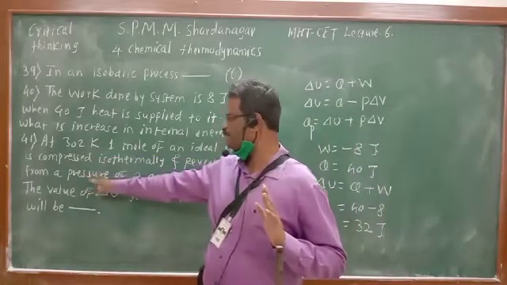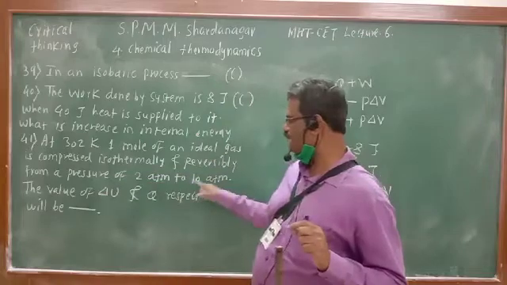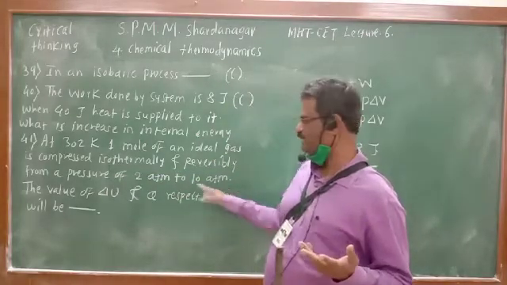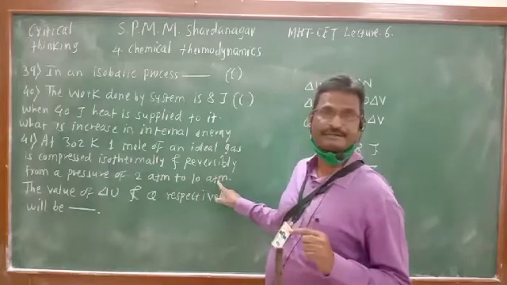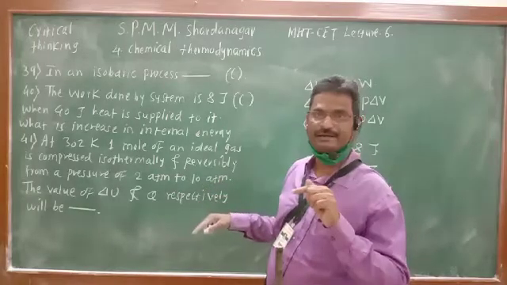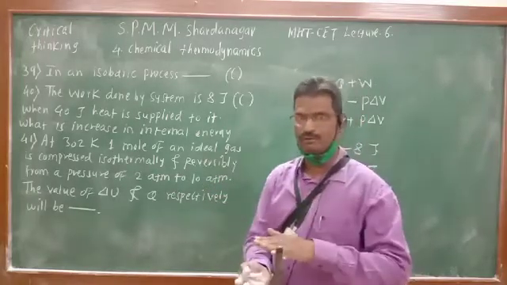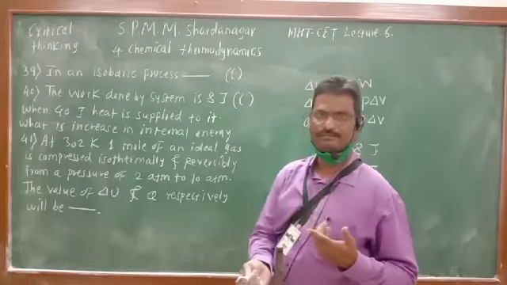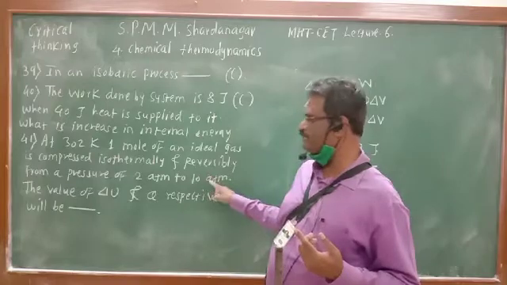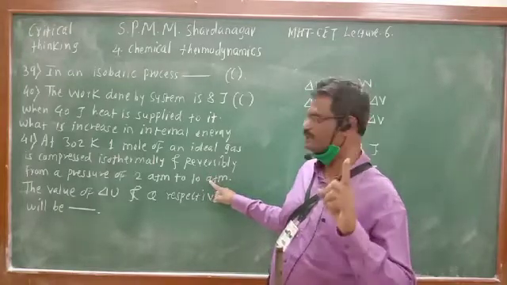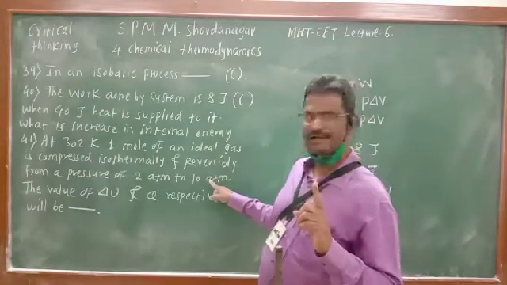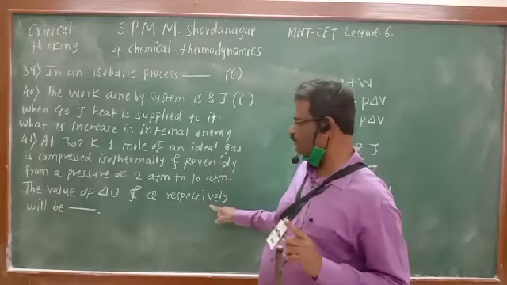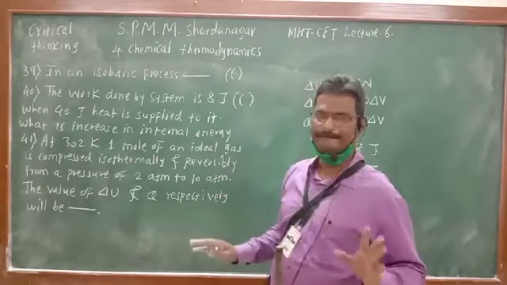Compression takes place from a pressure of 2 atmosphere to 10 atmosphere. Increase in pressure means decrease in volume, Boyle's law. That is the process of compression. Work done is positive.